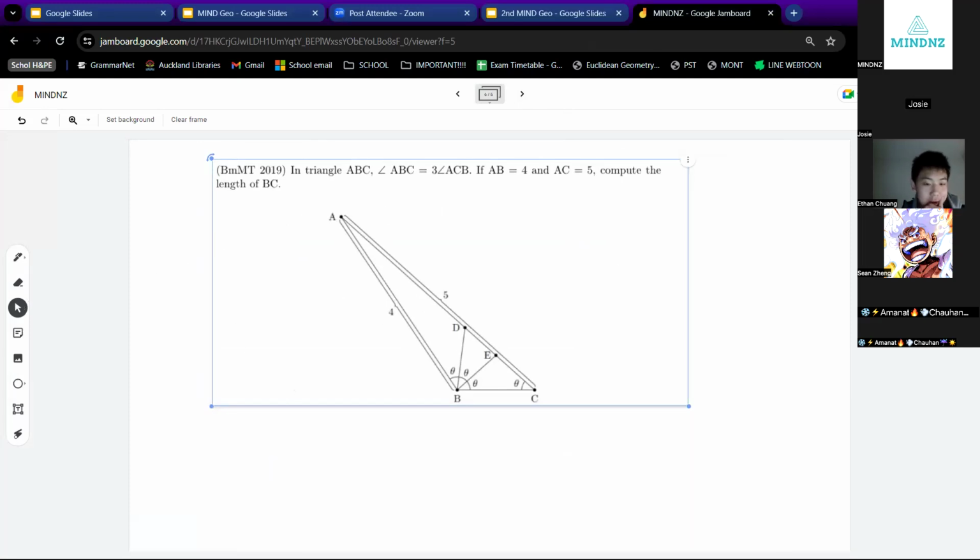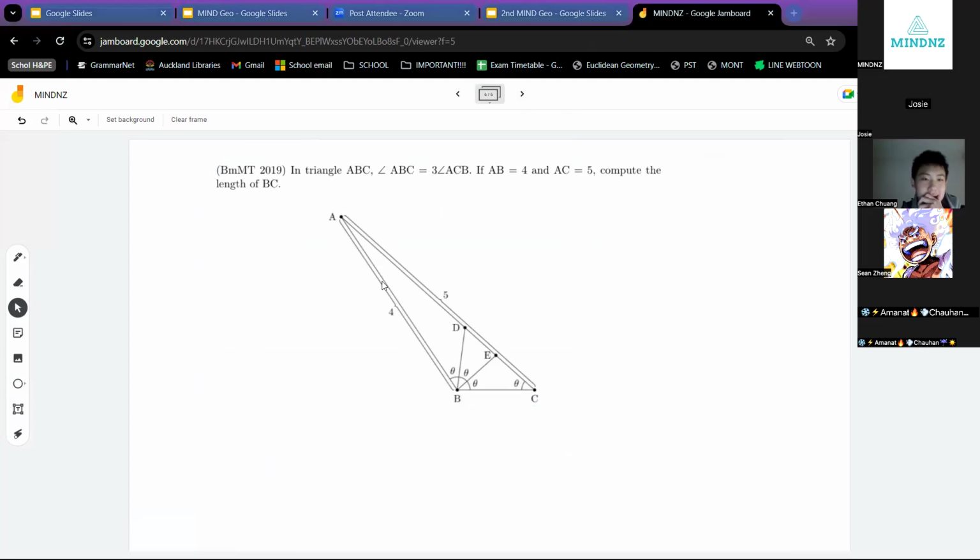Since we're trying to find lengths, you want to find some ratios. So you want to look for similar triangles. The first task I'll give you is to look at this question and try to find some pairs of similar triangles. That should be your sub goal. Forget the side lengths for a second. Just find some similar triangles basically.